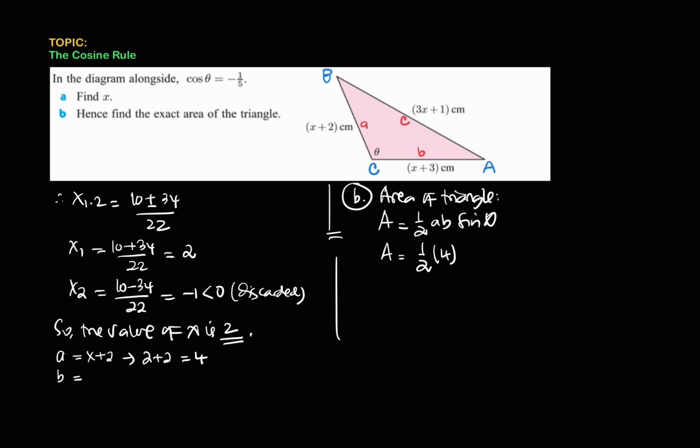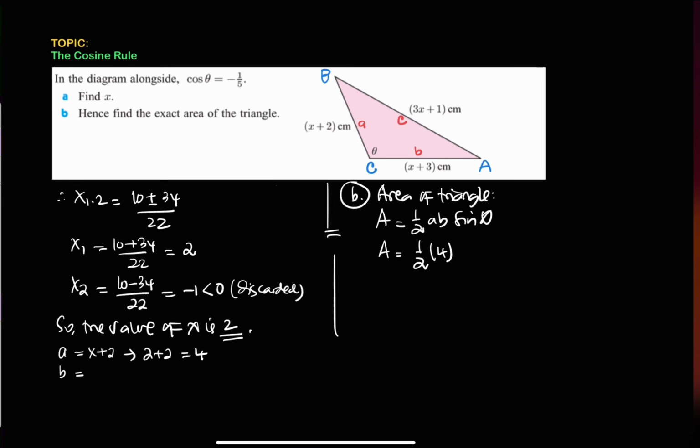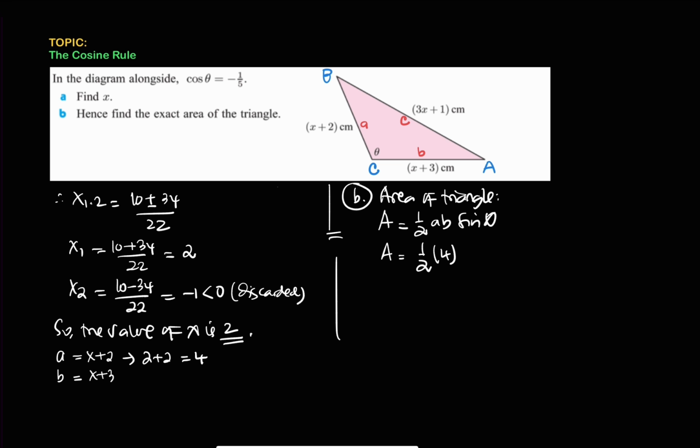And then b is x plus 3, so 2 plus 3, that is 5. And c is 3x plus 1, so 3 times 2 plus 1 equals 7.